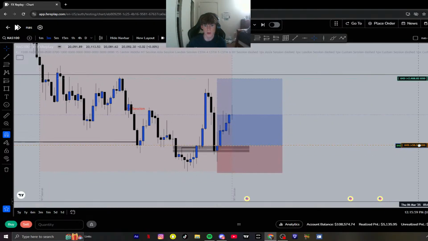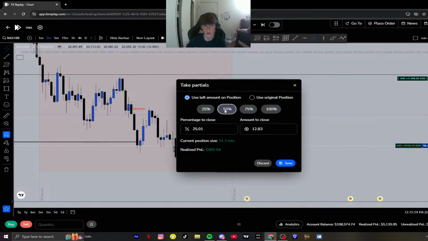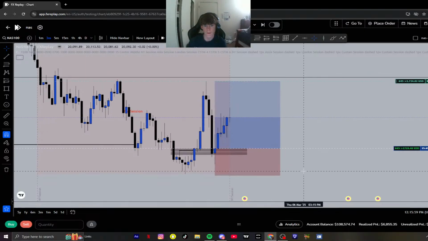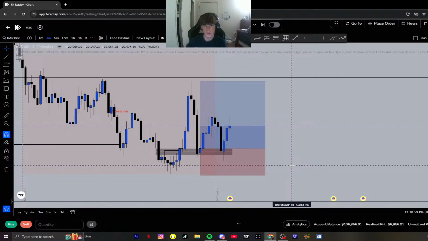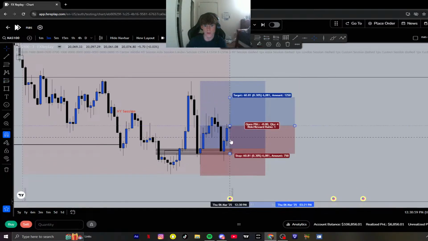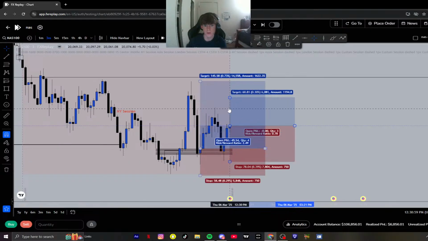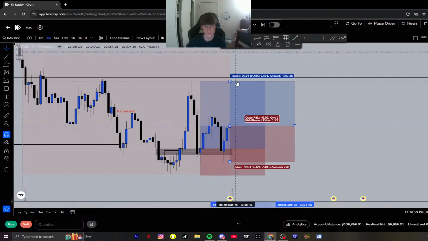We've stopped to break even. That's about 50%. Close 50%. Re-enter, because of this inverse. 1.23R.